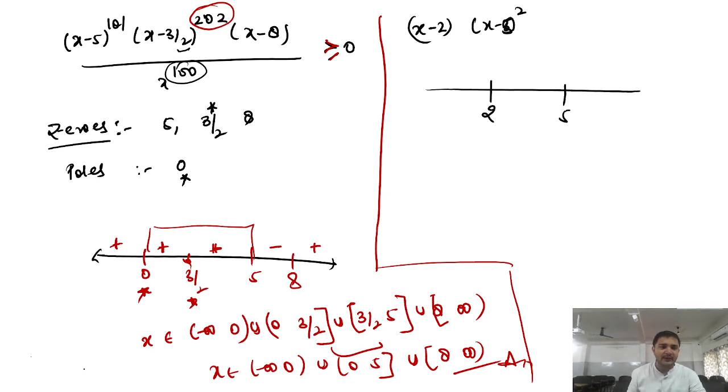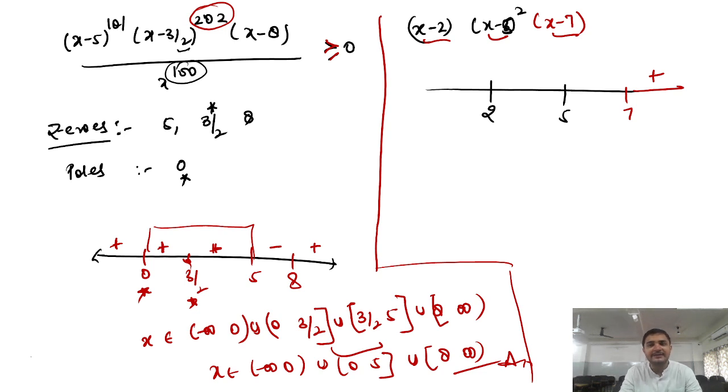Any value above 5, and simultaneously let's say we have x minus 7 also here, so I'm plotting 7 too. Any value above 7, say 8: 8 minus 2 positive, 8 minus 5 positive, 8 minus 7 positive, so the product will be positive. So any value above 7, this product will be positive.